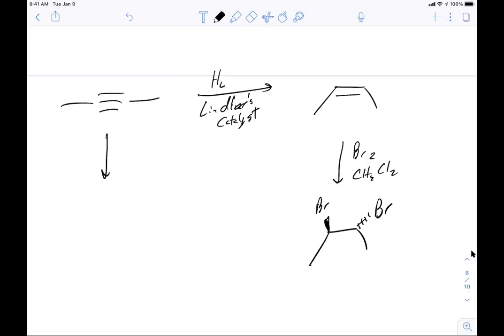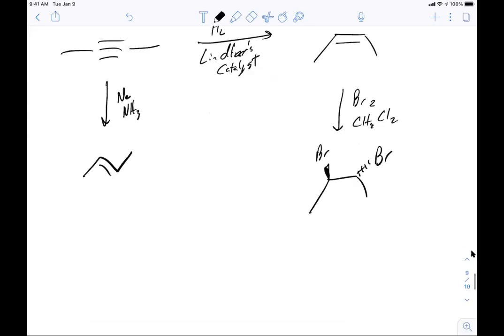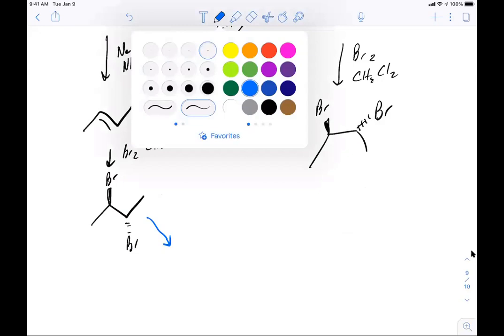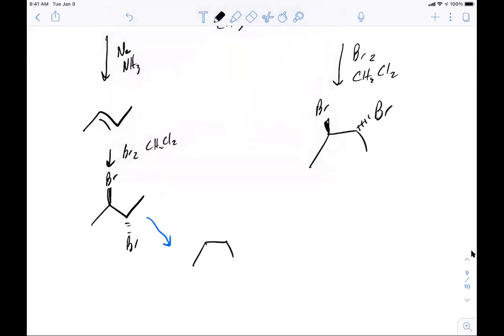If we had taken this same starting material and looked at something like sodium in ammonia, not sodium amide, but sodium in ammonia, what we'd end up with is the trans alkene, and then when we did our bromination, we would have ended up with this product, which if we rotate so that it looks like the other one, you can see the difference between the two products.